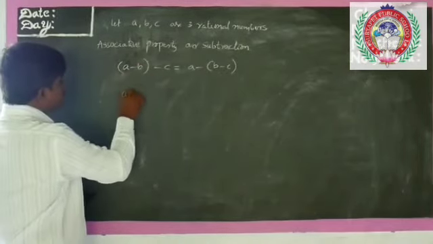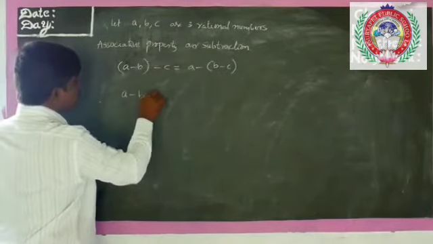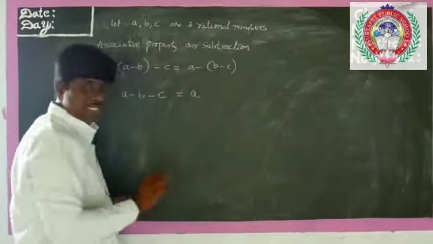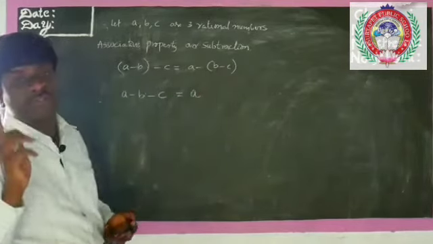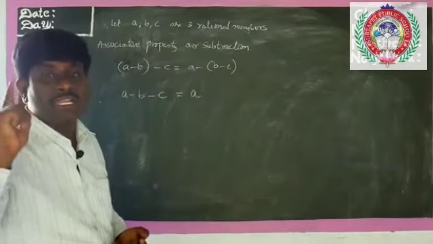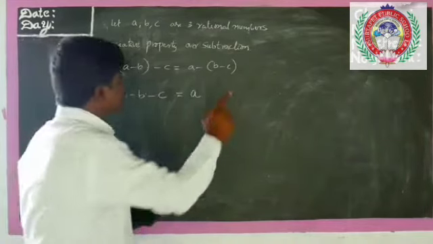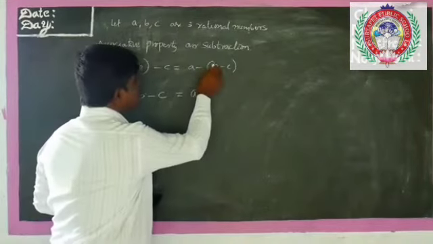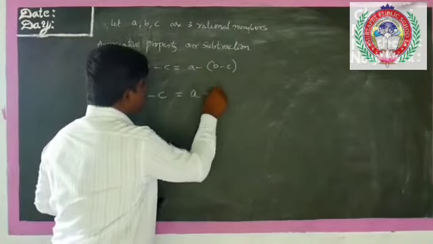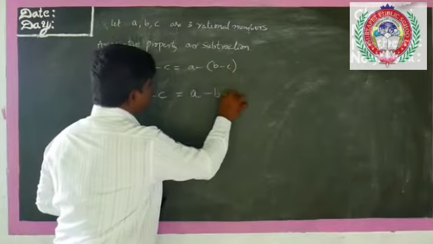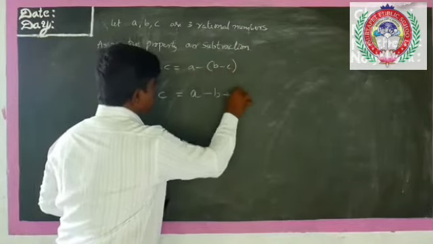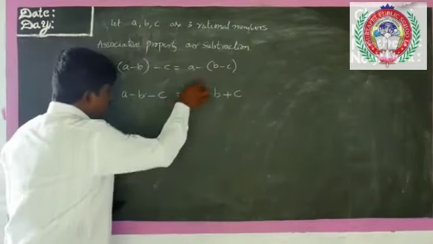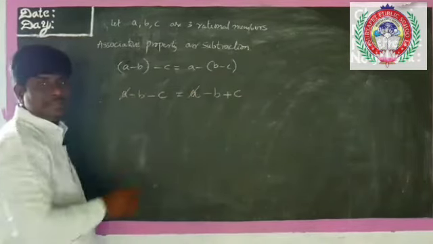A minus B minus C is equal to A minus of B minus C. Whenever there is a negative sign in front of a bracket, we need to change the signs of the numbers in the bracket. So minus into plus B we get minus B, minus into plus C we get minus into minus C, which is plus C. Shall I cancel plus A on both parts?